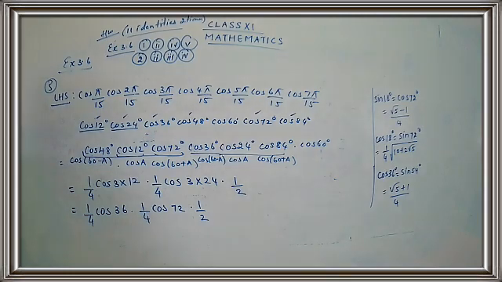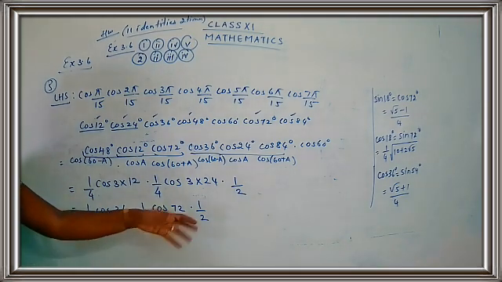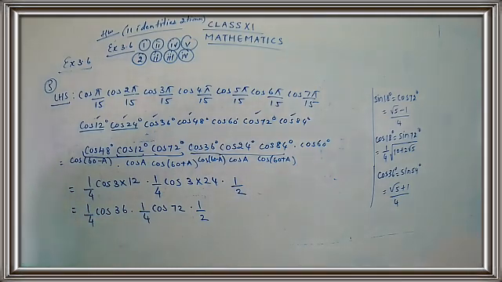So I get the answer as 1 by 4 cos 36, 1 by 4 cos 72 and 1 by 2. So I am just going to multiply all the numerators first. Okay children, I'll take all the numerators first and all the denominators second. So let me take the numerators part. So 1 into cos 36, 1. Everything is 1. So what is left in the numerator part?